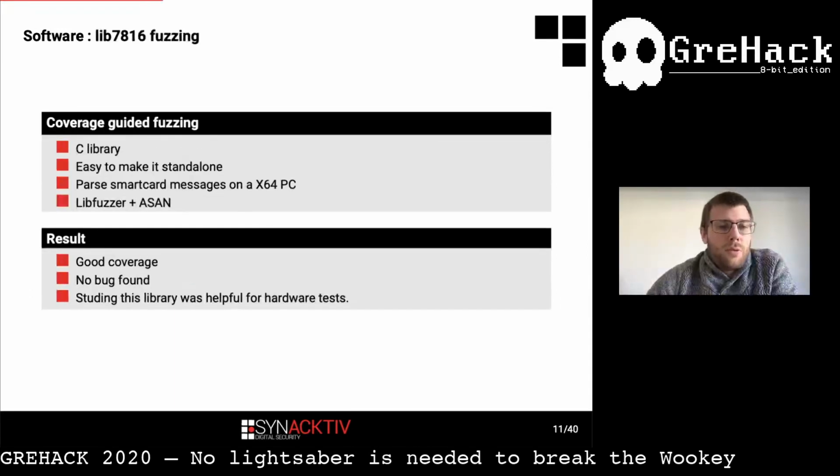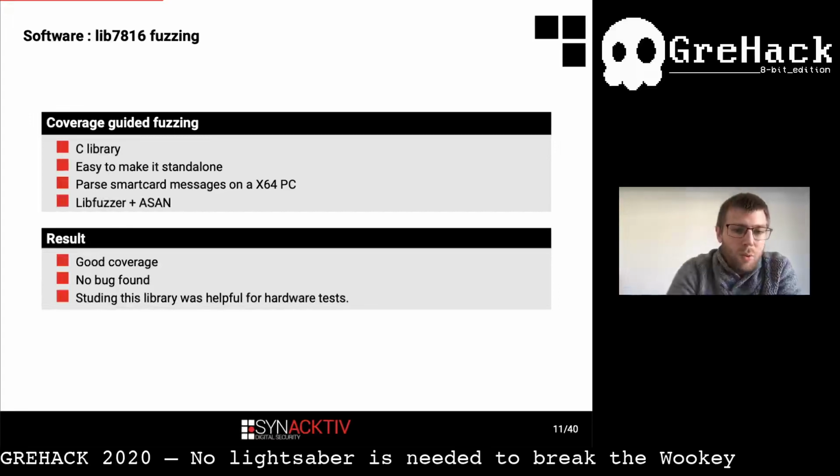The second software test is the test of the smart card communication library with fuzzing techniques. This library is C code, and it's easy to modify to make it standalone. So we were able to run this library on the PC and make the library process smart card messages.